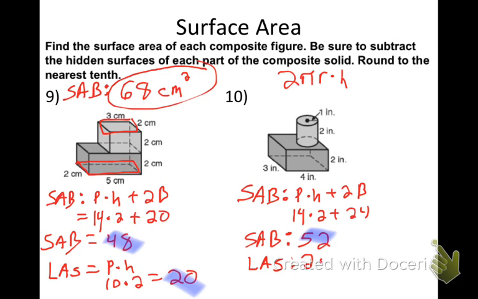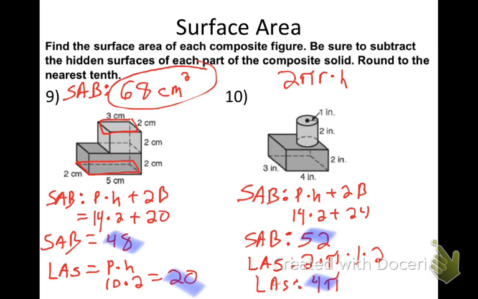So 2 times pi times what's my radius? 1. Times what's my height? 2. 2 times 1 is 2, 2 times 2 is 4. So the lateral surface area is 4 pi.